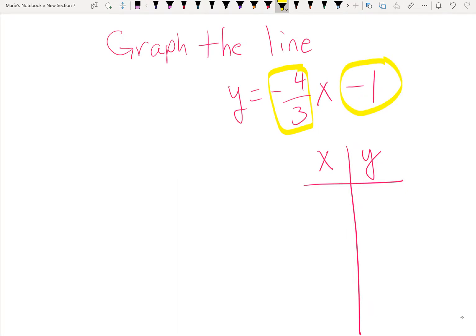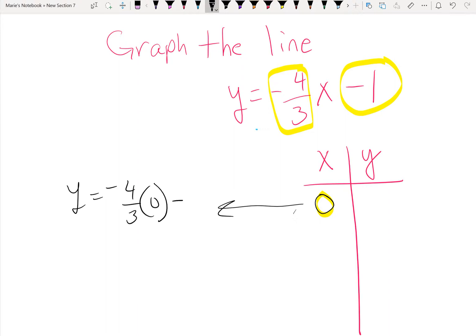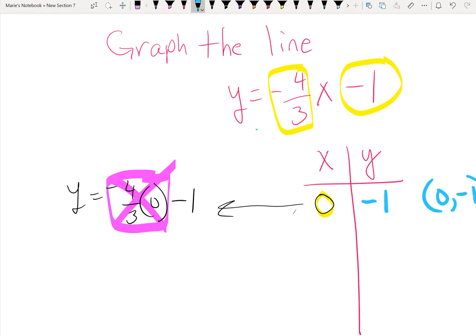So when x is 0, this equation reads y equals negative 4 over 3 times 0 minus 1, which means all of this cancels, it goes away, and you are left with the y-intercept of negative 1. So the coordinate point you should start off with is 0, negative 1.